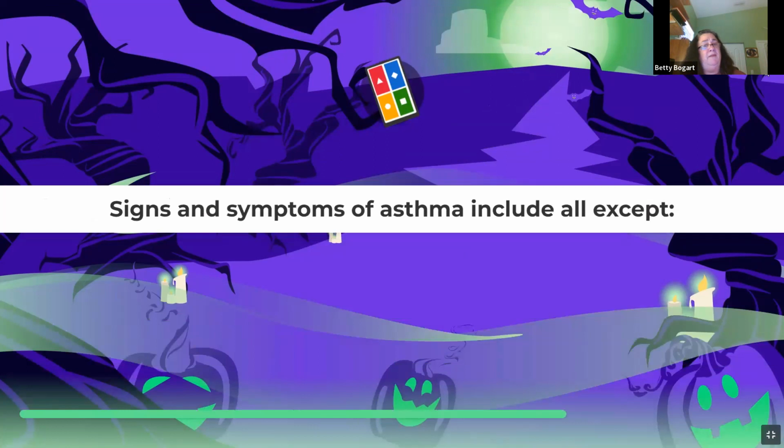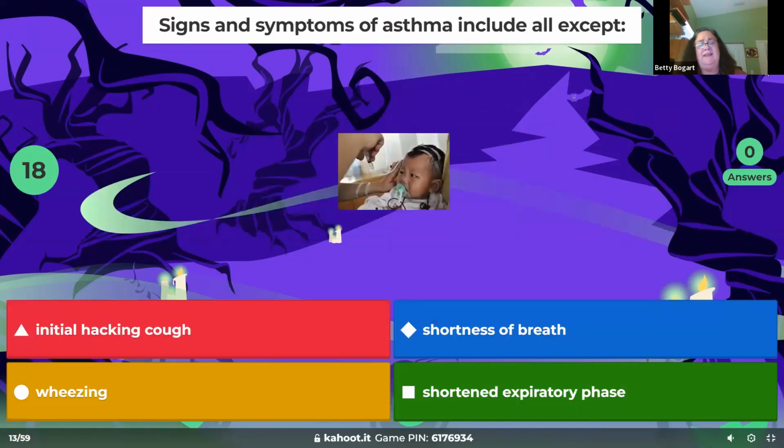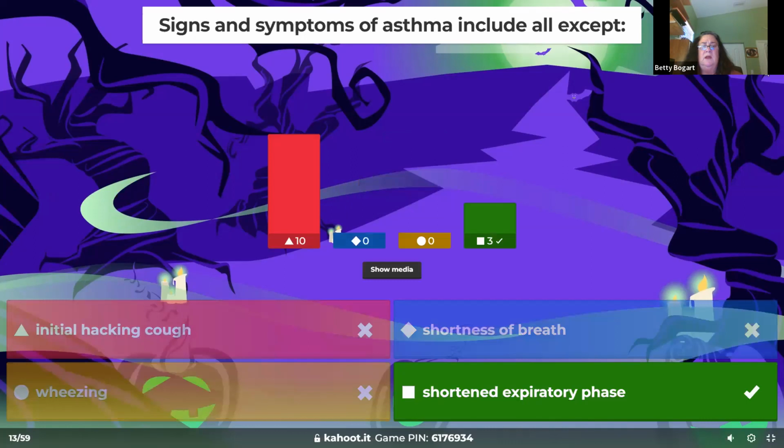Signs and symptoms of asthma include all except... So you are going to have, they do cough because remember, there's an inflammation, swelling, and it causes them to cough, okay?